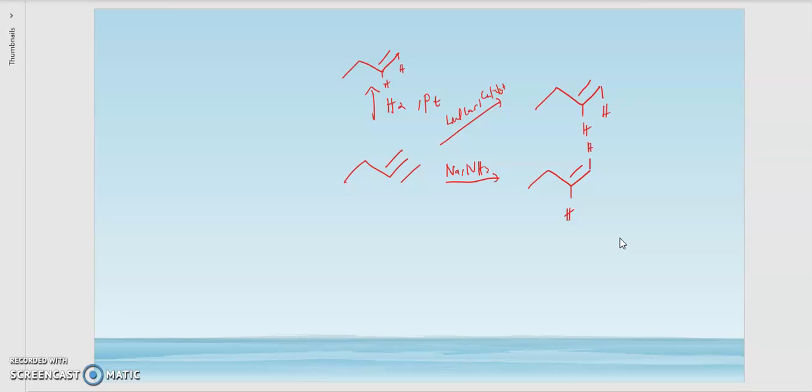This one walaupun skeletal, you kena tunjuk position, sebab kalau you just leave it macam ni, okay, this structure kita tak tahu cis ataupun trans. Tapi for this one boleh tinggalkan macam ni, sebab H2 dengan PT tidak memberikan sebarang geometrical shape.